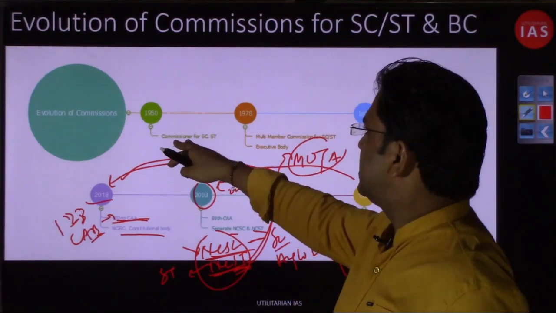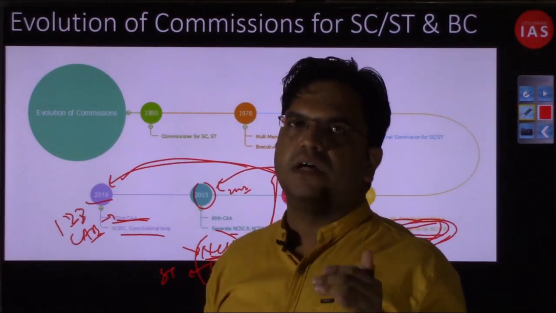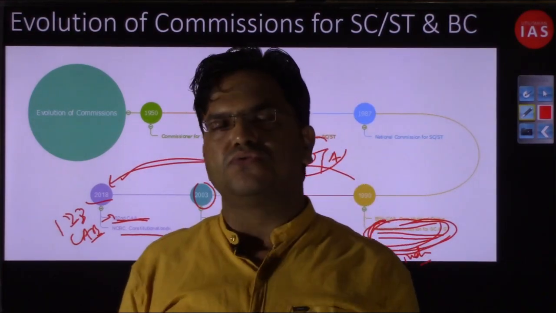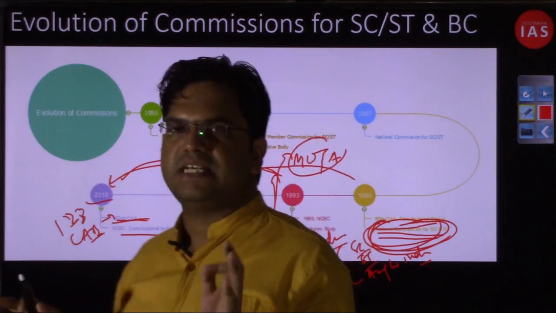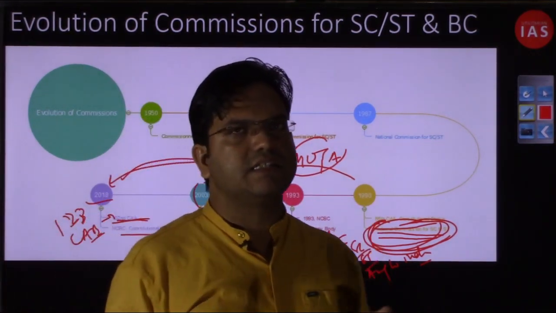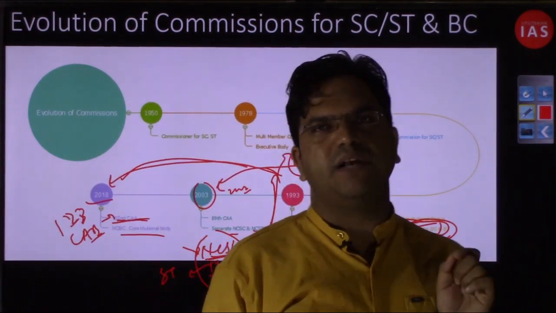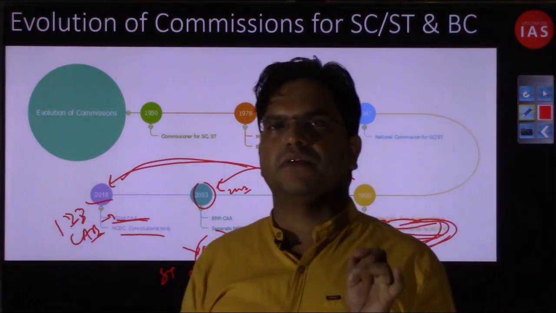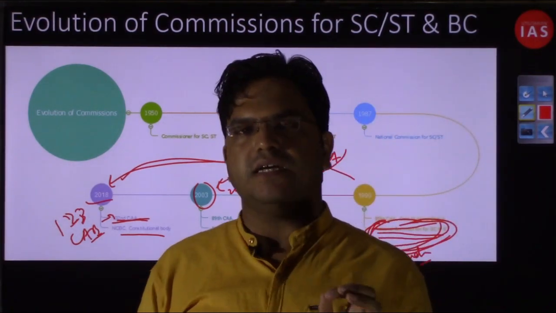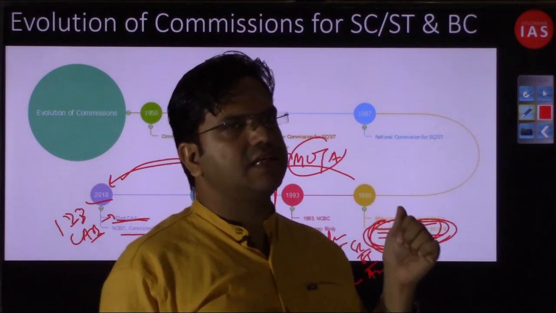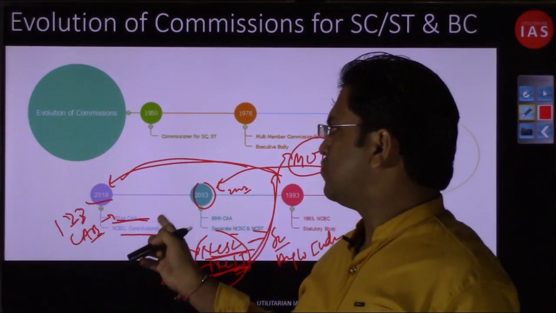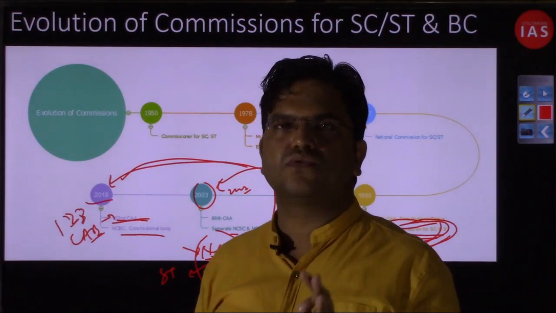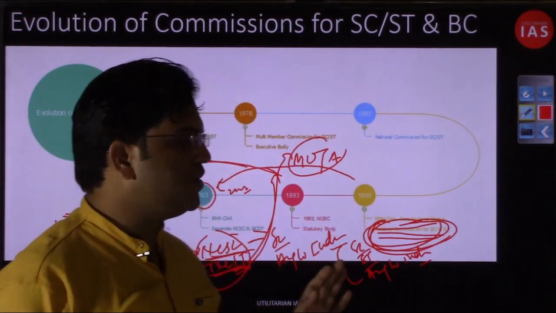We started from 1950, when the Constitution was operationalized, and then saw the evolution of NCSC and NCST, and then NCBC, which gained prominence in 1993 after the Mandal Commission and the Indira Sawhney case, and in 2018, that is two years ago, it was granted constitutional status. I hope you have clarity on this timeline.